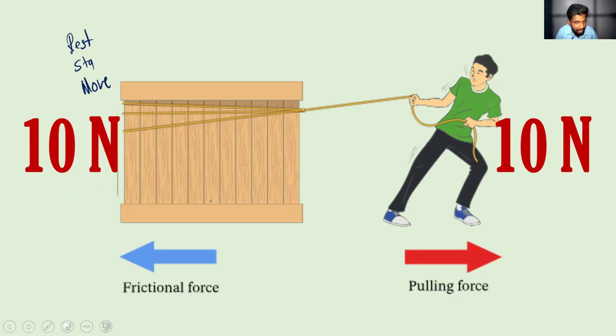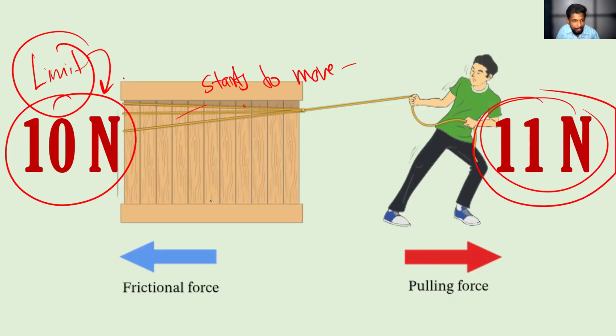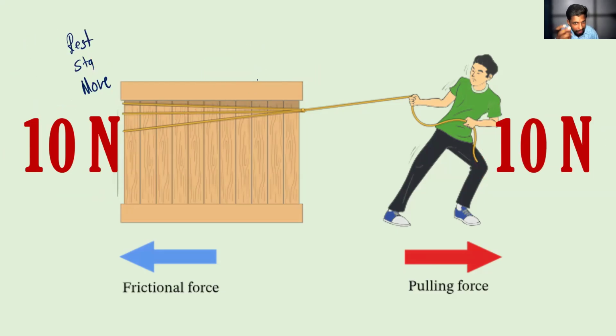But when I am applying 10 Newton, the object will start to move because why? Look, when I am applying 11 Newton, they move. That is a separate case. But when I am applying 10 Newton, they just start to move. So at that point, where the object just starts to move, that is called limiting frictional force.